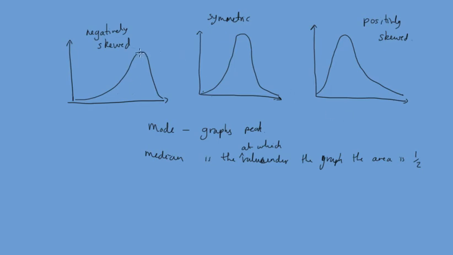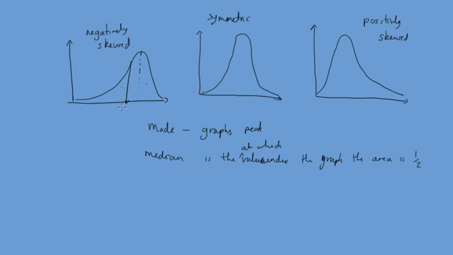So let's look at the negatively skewed one. This is going to be the mode here. But if you were to look at the area and halve it, the area on this side is not equal to the area on this side. So the area would be skewed off to this part.